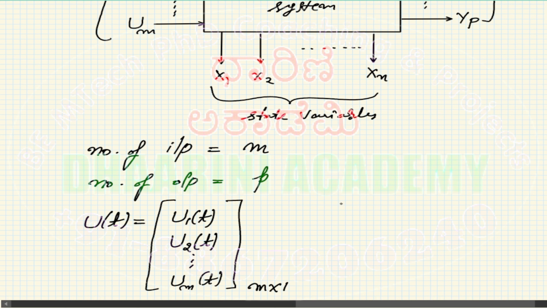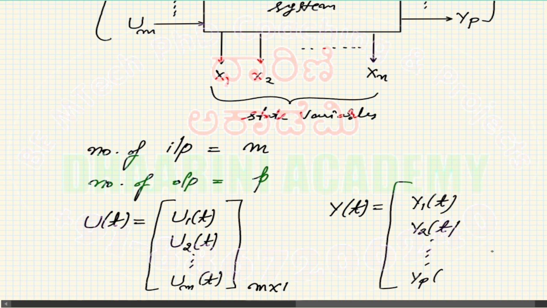And what should be the matrix representation of your output? This is y1 of t, y2 of t, and we have p number of variables, so this is yp of t, each variable indicating the instantaneous value of that variable at a given time t, correct? So what is the size now?